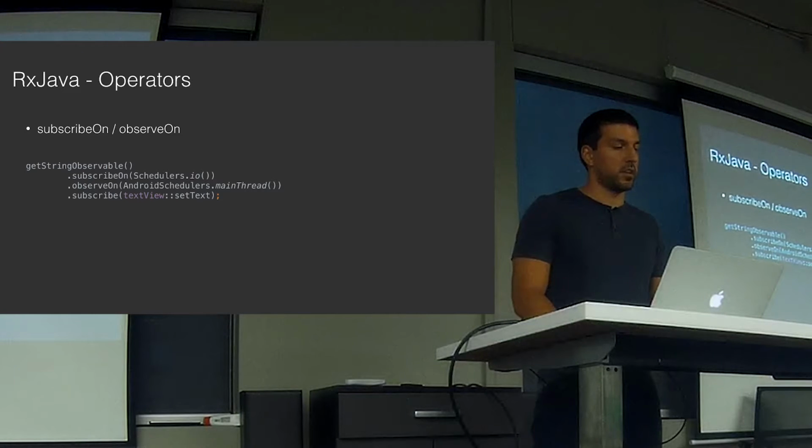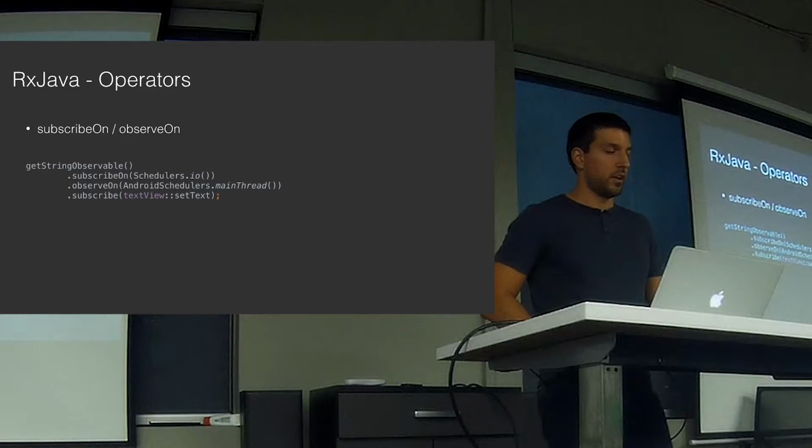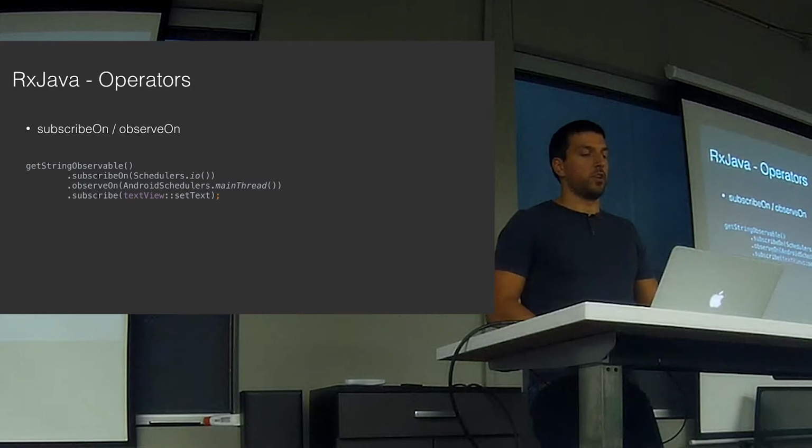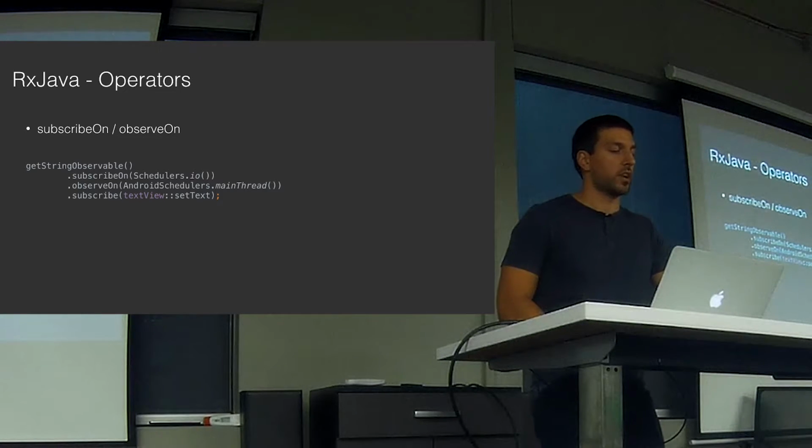And we saw this earlier, but probably the two most common operators you'd use in Android are subscribe on and observe on. And what subscribe on does is says when you subscribe, from the very beginning, this is the thread you want your observable chain to start on. So the thing to remember with that is only the first one counts.